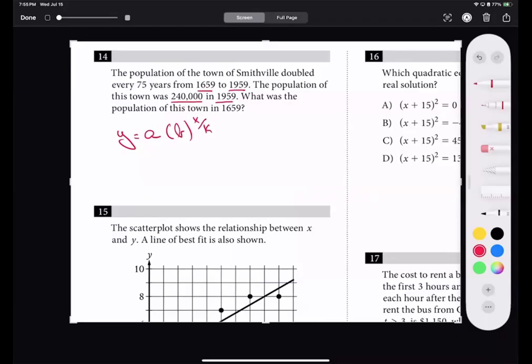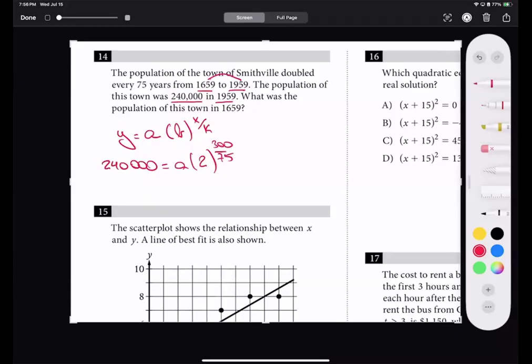You did very good on this. So the result that is 240K is equal to the initial times 2 to the power of x over 75, and this x is 300. Do you agree? That is the difference in the period.